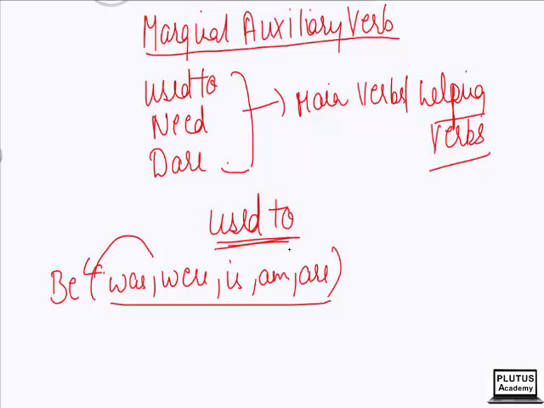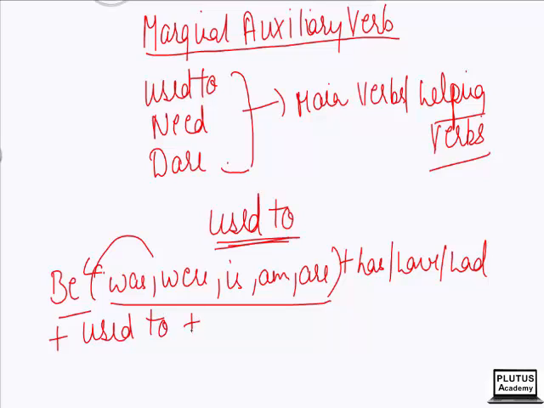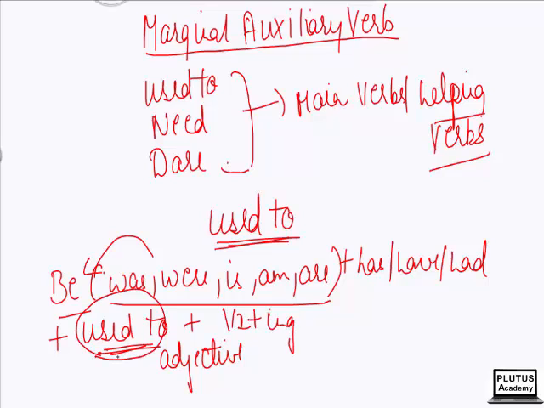So if used to is preceded by any form of be or any form of has, have, had, then used to will behave as an adjective and we have to use the first form of verb plus ing after used to.